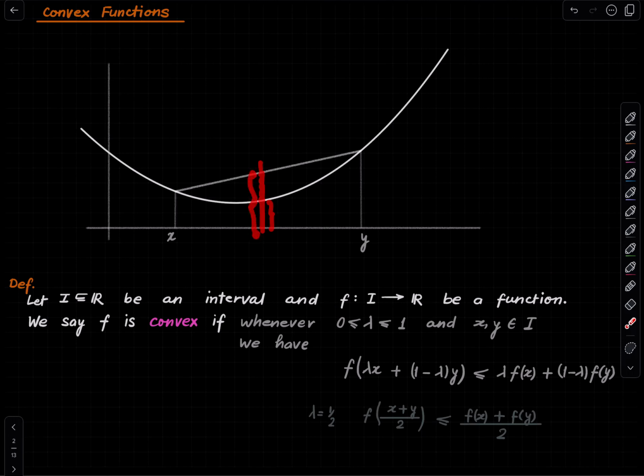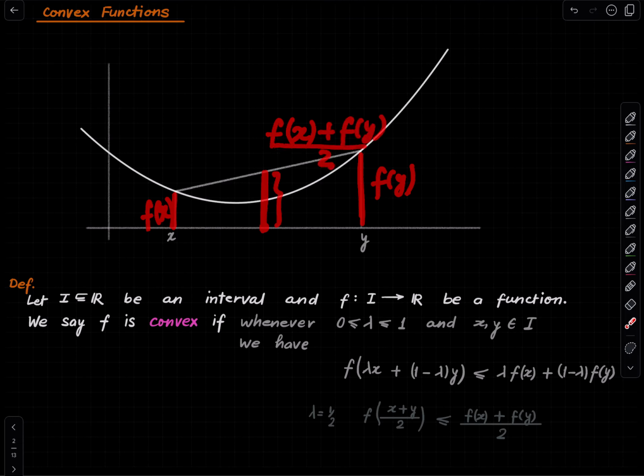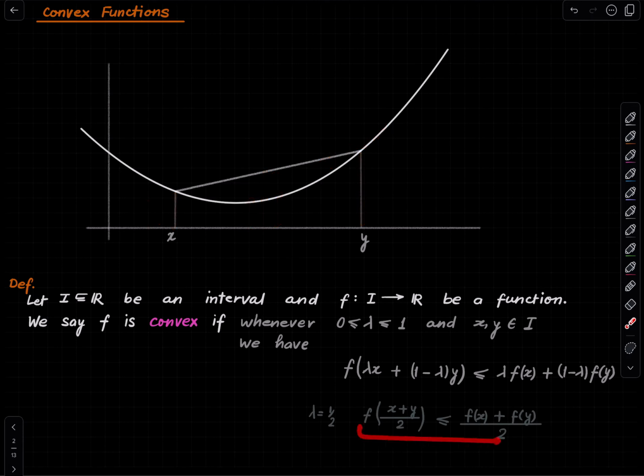Because this is f(x), that is f(y), and if this is the midpoint between x and y, by basic high school geometry, or coordinate geometry, this is nothing but the average of these two numbers. And this is nothing but f of the average of x and y. So this equation is very easy to interpret in this graph.